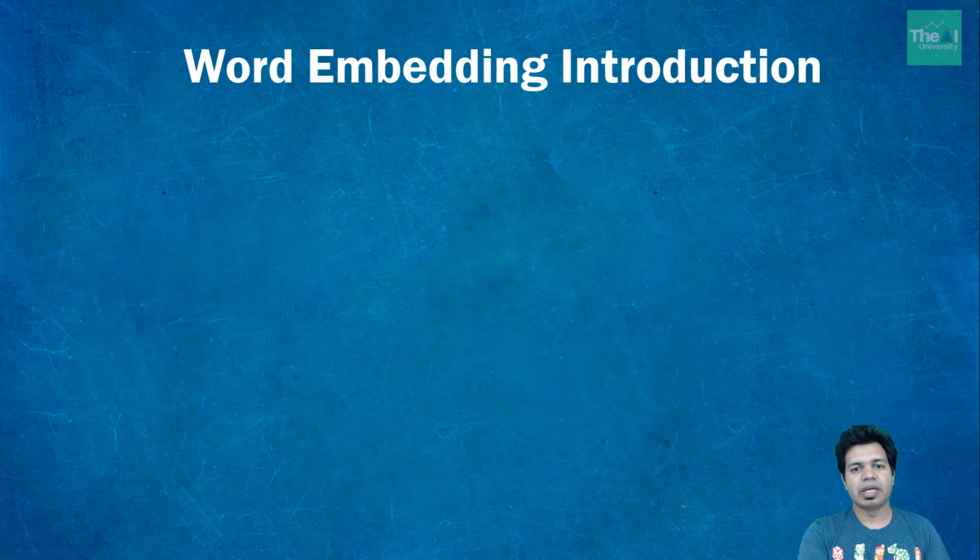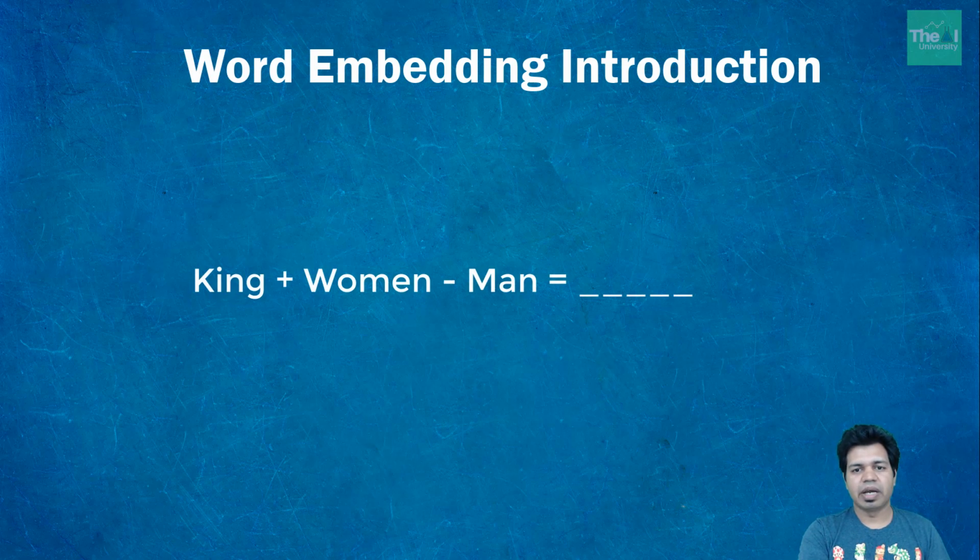These word embeddings are amazing in a way that they capture meaning, and because these word representations are actually numbers, you can compute things with words which you didn't think were possible. If you do king plus woman minus man, it will give you the embedding of queen.